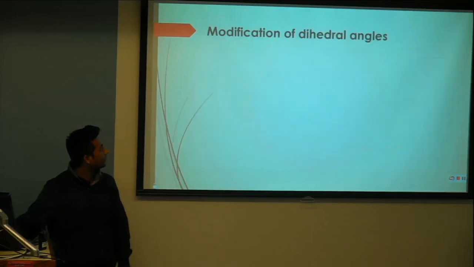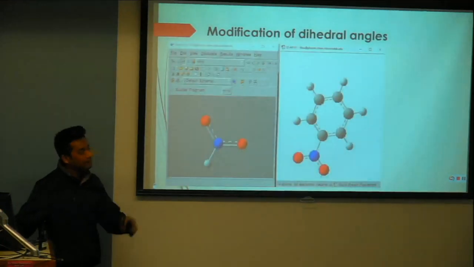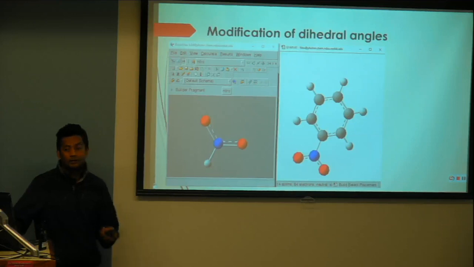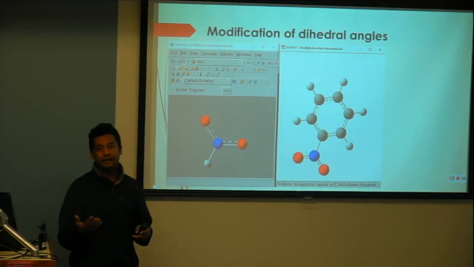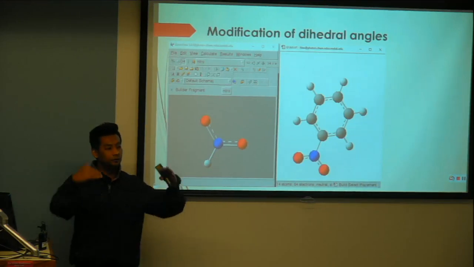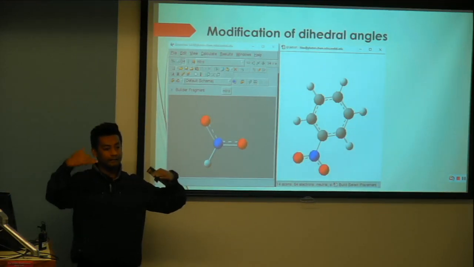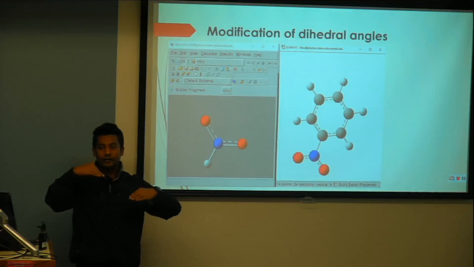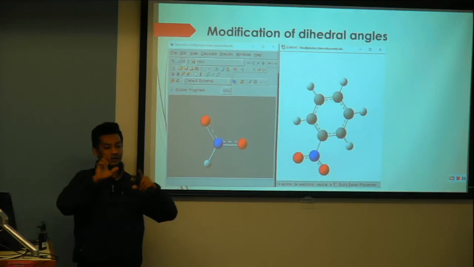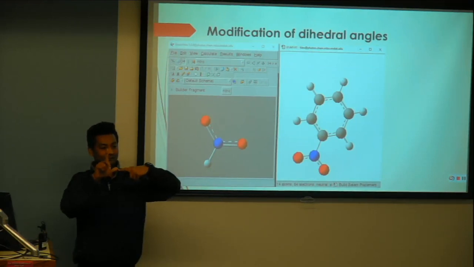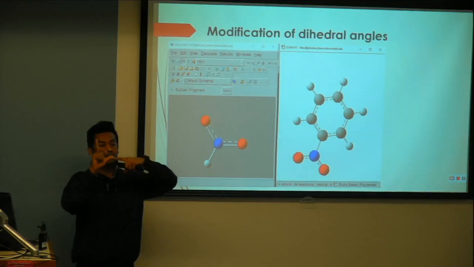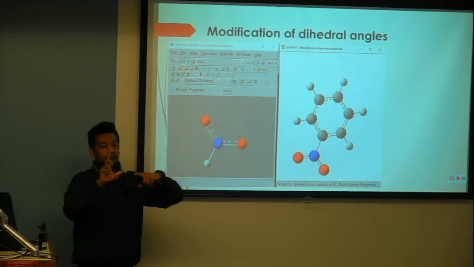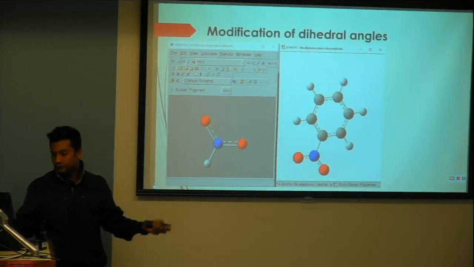So after modification, the dihedral angle is similar, but let me tell you about the dihedral angle. What's a dihedral angle? A dihedral angle is the angle between two intersecting planes that share a common line. So these two planes are going to change according to this plane. I'll show you later.